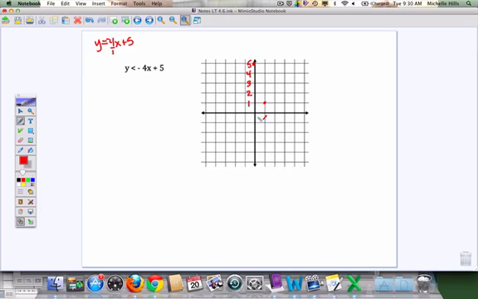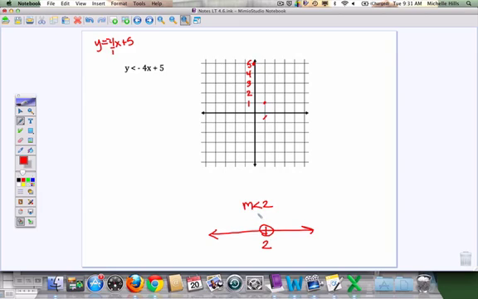Now, normally on this program, I would just grab the line tool and pull that line through these points. The problem with that is that this line will not be solid. Let's go back and look at when you graphed an inequality like m is less than 2 on a number line. You had to have 2 on the number line, and you put this big exaggerated circle there.